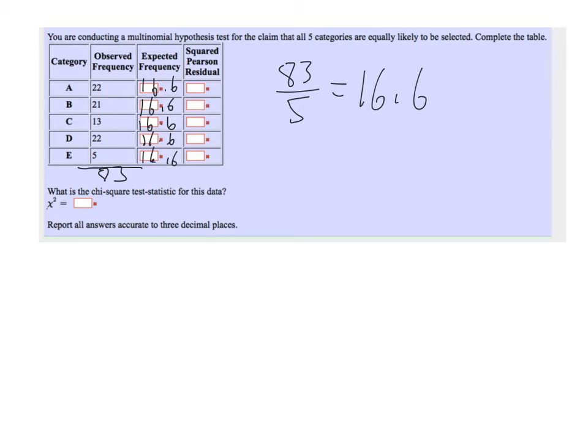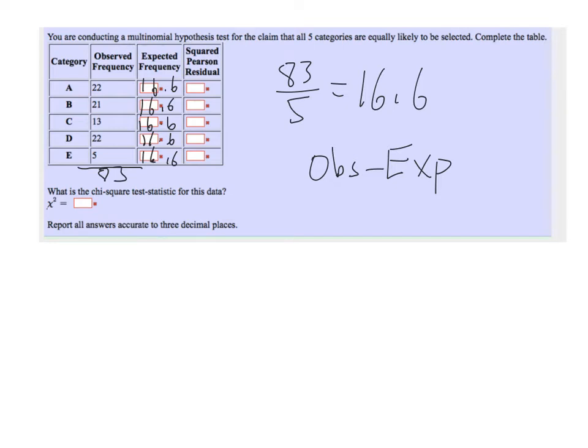To get the residual, we're going to subtract observed minus the expected. Or if you think back to what we did in chapter 10 with a regression, it's the actual minus the predicted. So it's the same kind of deal. So we're going to subtract each of those.